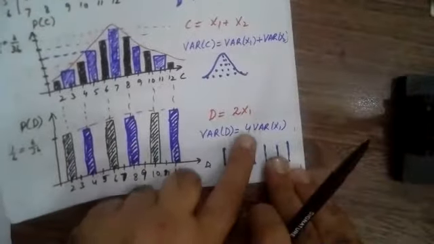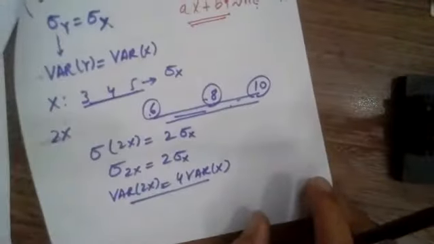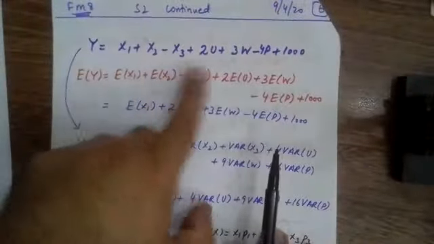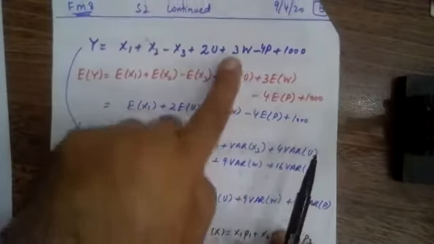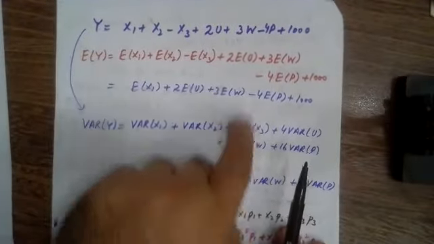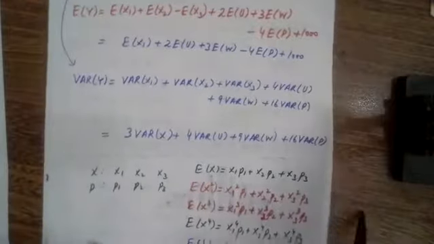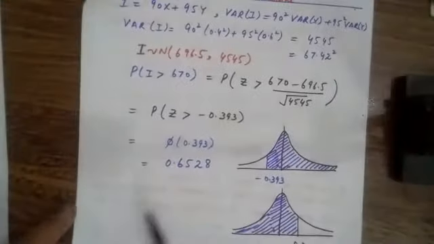When it was 2X, it was 4 over here. All the coefficients will be squared: 2 will become 4, 3 will become 9, and minus 4 will become 16. The coefficients become squared in the case of variance, not in every other case.